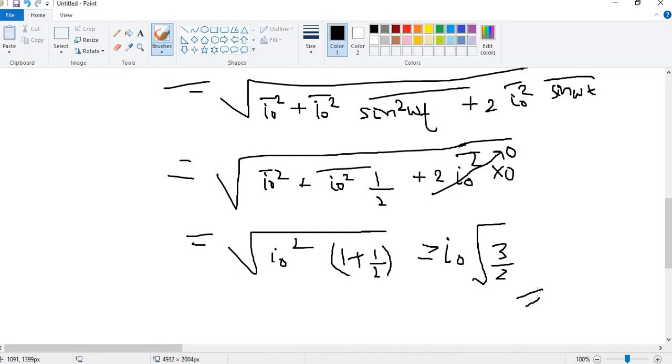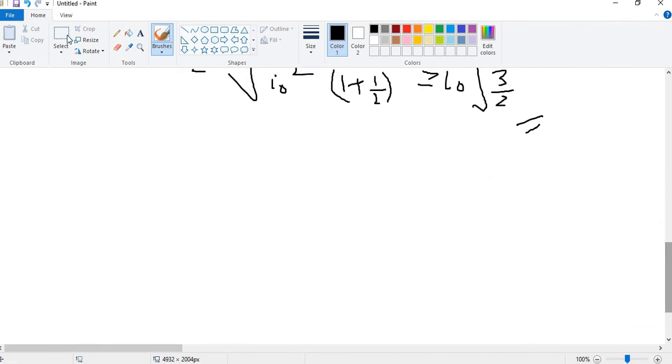Now we are going to see one more question of a similar kind that was asked in JEE Mains.